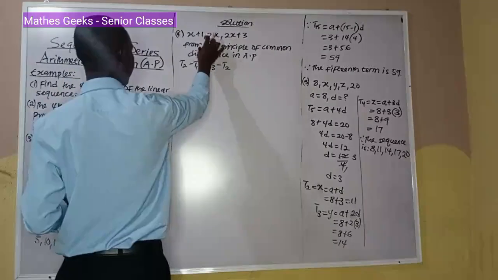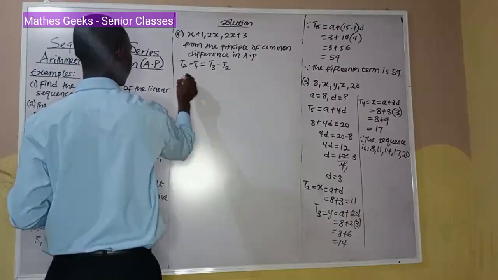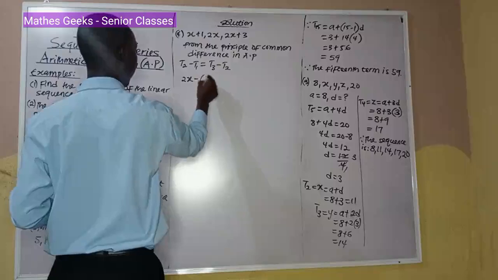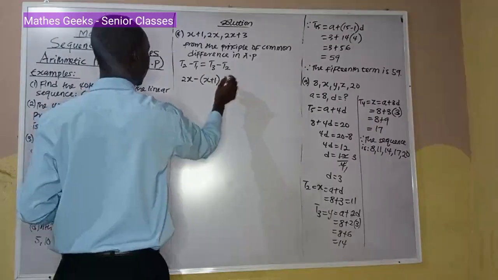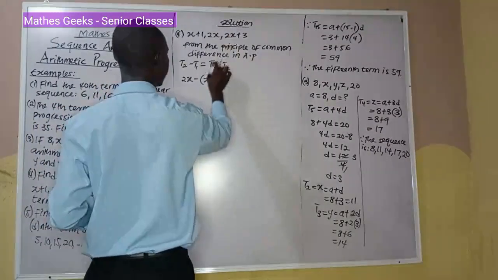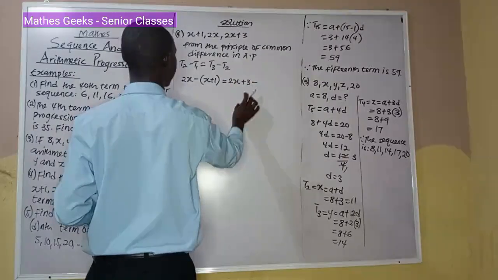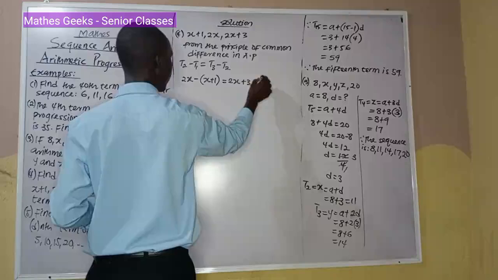So here our t2 is 2x minus the first term t1, x plus 1. That will be equal to t3, 2x plus 3, minus t2, 2x.